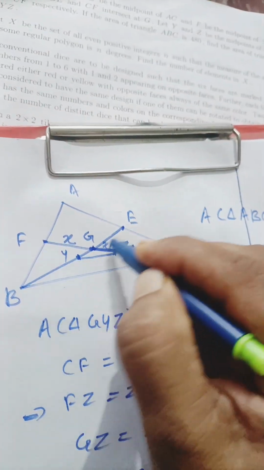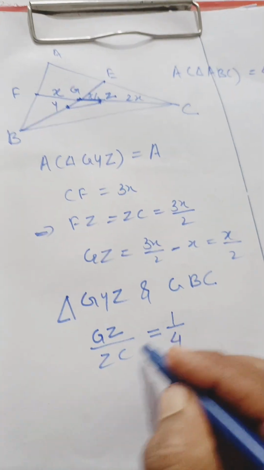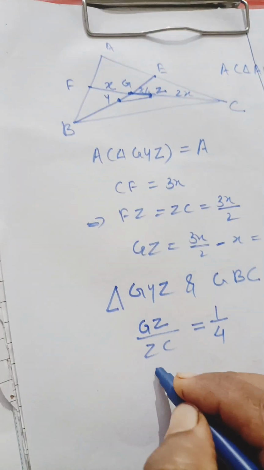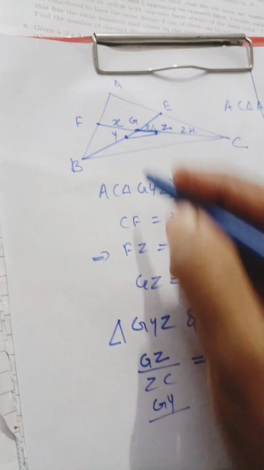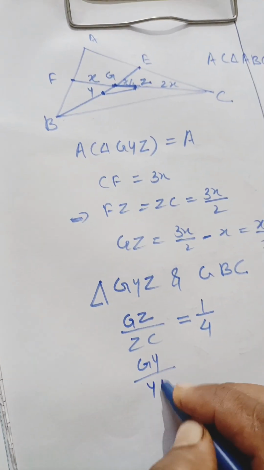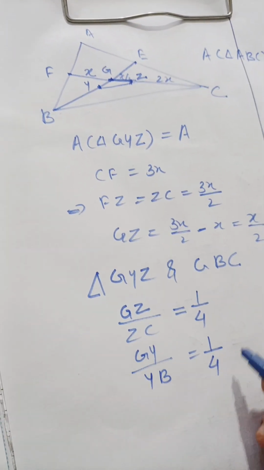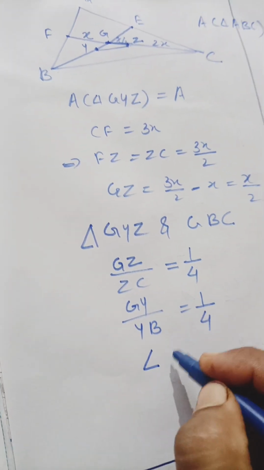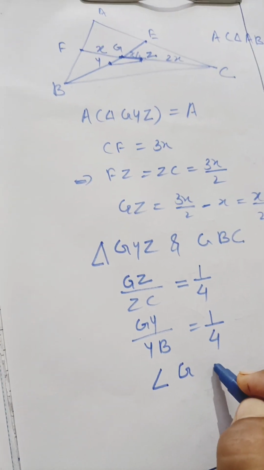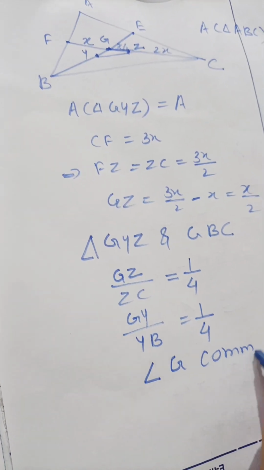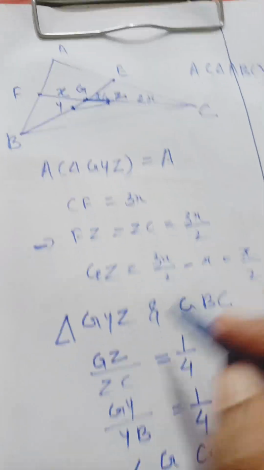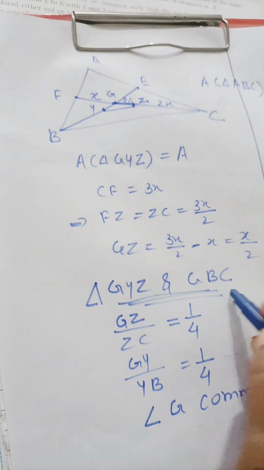Again, if you consider this side, then we will also get GY to YB as 1 by 4. And angle G is common to both. Hence, these two triangles are similar.